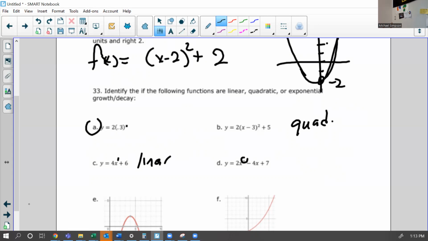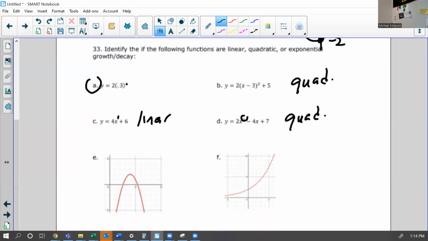Again, we have 2 right here, so that's quadratic. Again, this is graph of quadratic function, so that's quadratic. And you can tell from the shape of the graph, this is exponential.